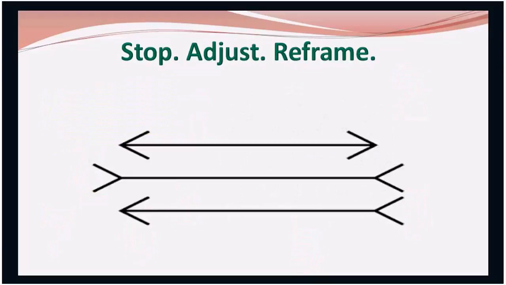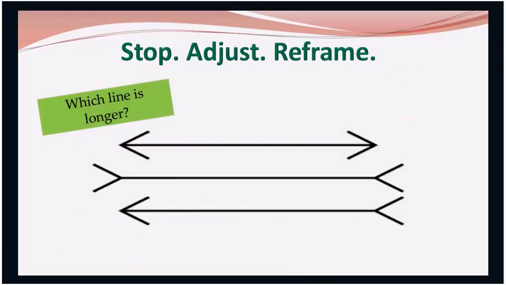Let's look at these 3 lines. Which line is longer? A, B, or C? Some people may say that B is the longest line because A does look a little bit shorter. But when we look at these lines, they are actually the same. Again, it's showing us that our perceptions vary from individual to individual.